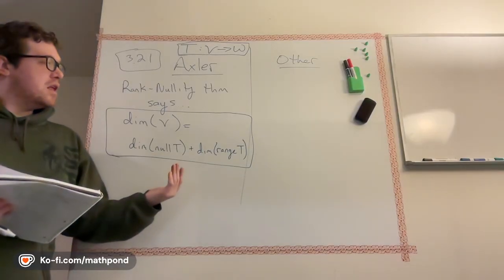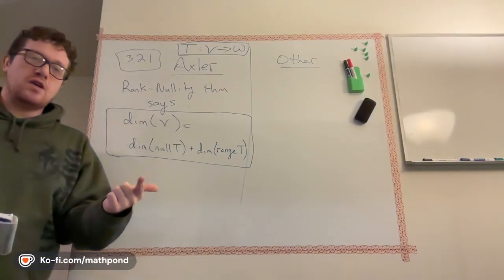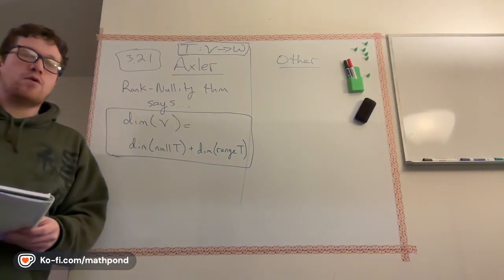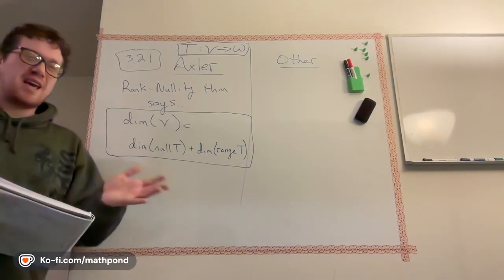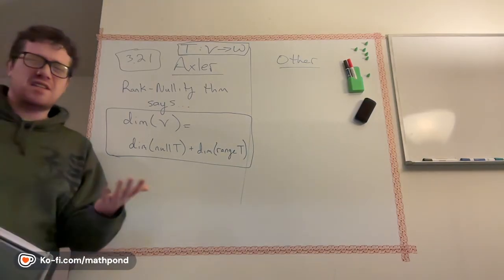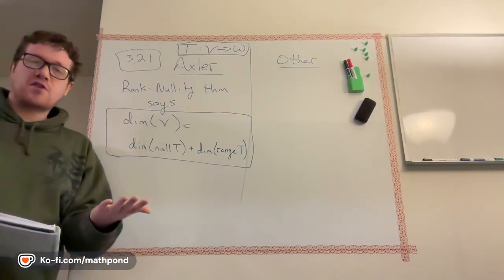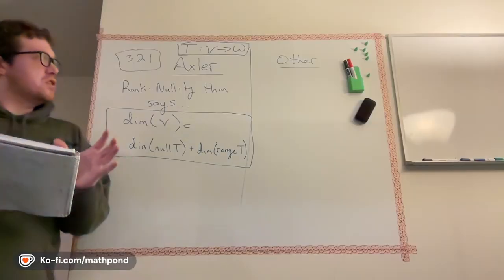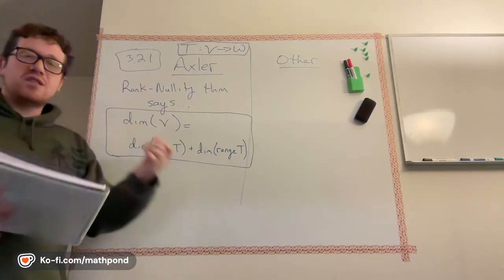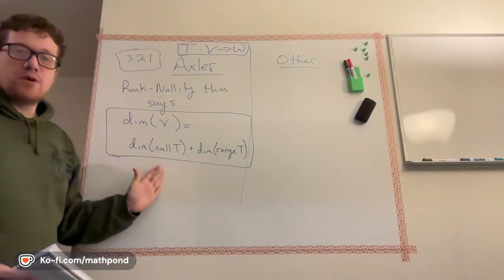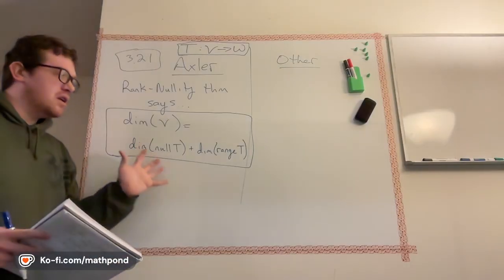So the dimensions and the fact that the transformation is linear really forces certain properties. These transformations can't act wildly. You could imagine a discontinuous function can do whatever it wants, and a continuous function is more restrictive. A linear function is even more restrictive than that. And this is one of the restrictions it forces, that the dimensions have to add in this really restrictive way.